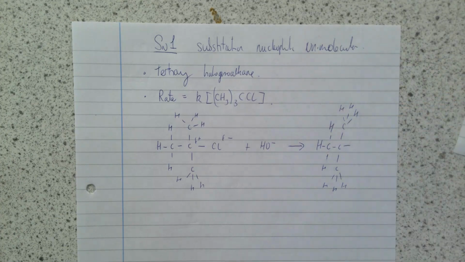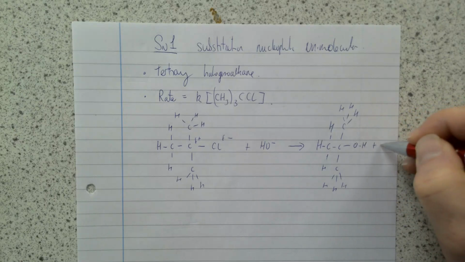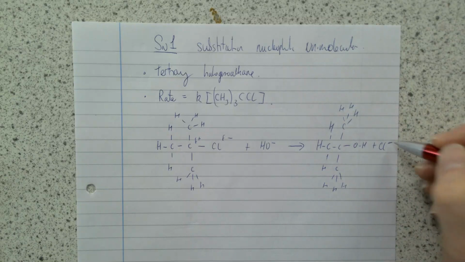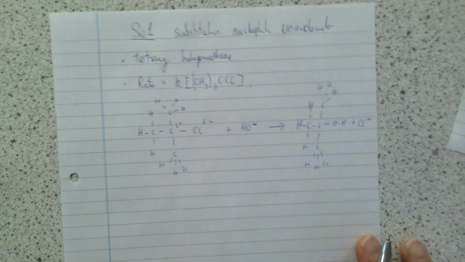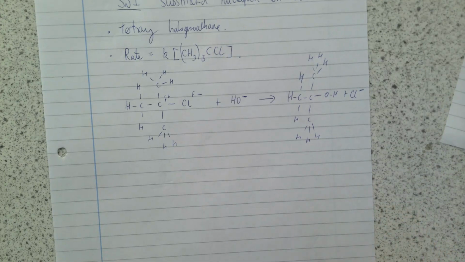They'll knock a mark off if you forget one. Same leaving group. Make sure the leaving group is a Cl minus, but a different mechanism takes place for this one.